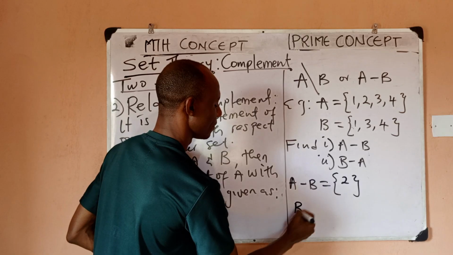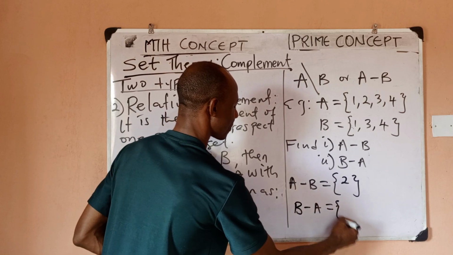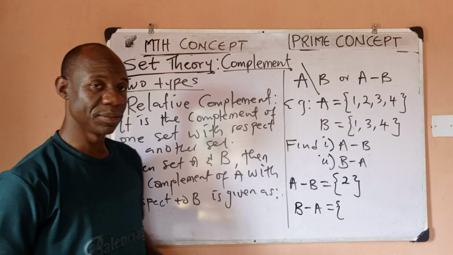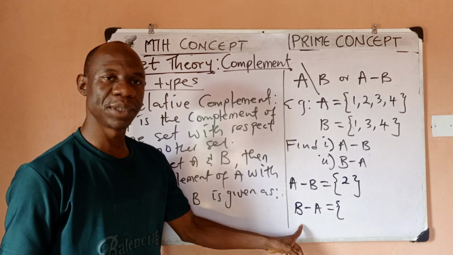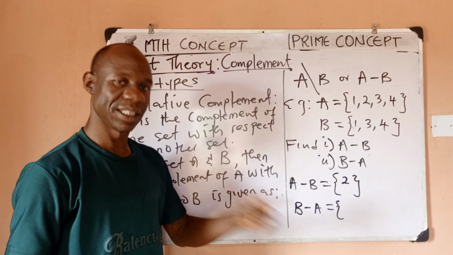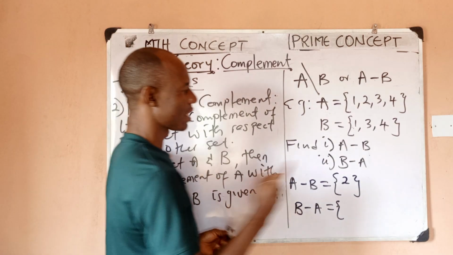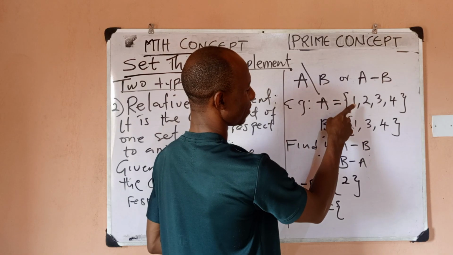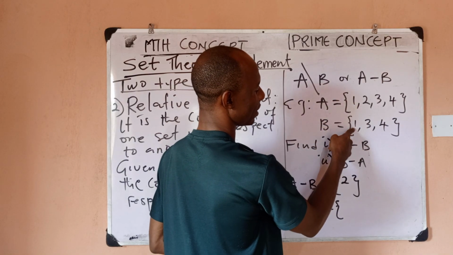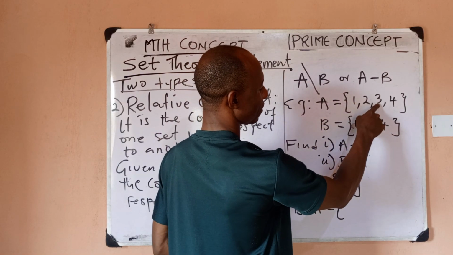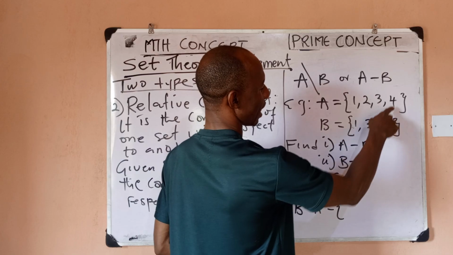Now let's see the other way around. B difference A simply means remove A from B. What is left in B is your answer. This time we're removing A from B. So I'll remove 1, I'll remove 3, I'll remove 4.